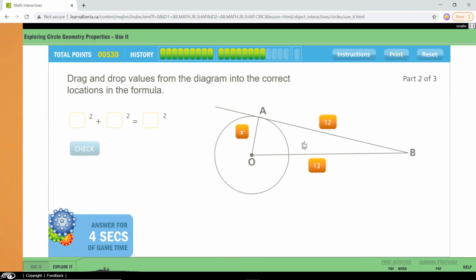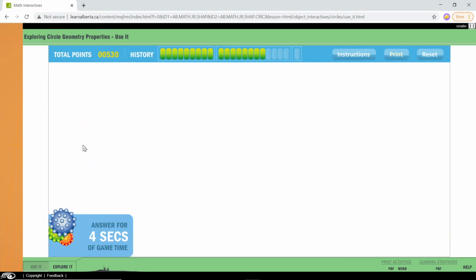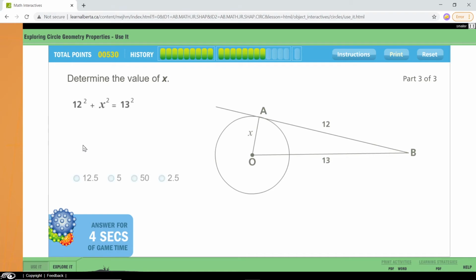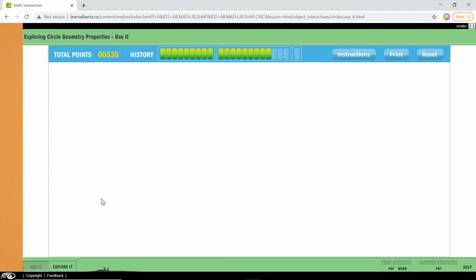Since this is a right angle, 13 is the hypotenuse, and x is a side of the triangle. Okay, next, so determine the value of x. So the square root of 25 is 5. Okay, let's continue.